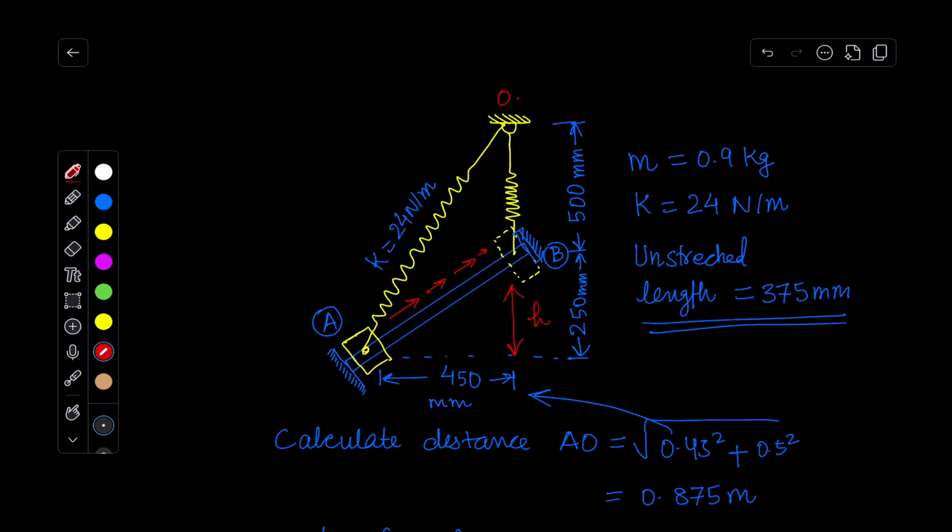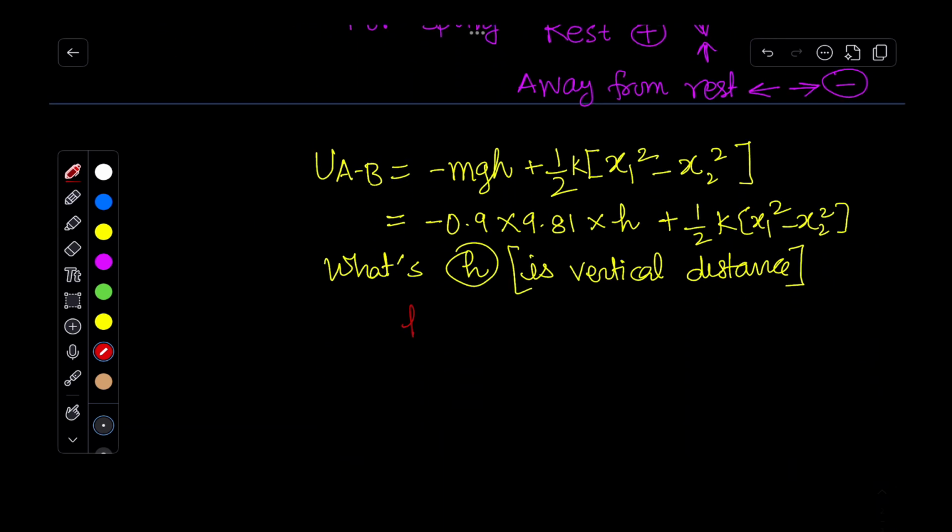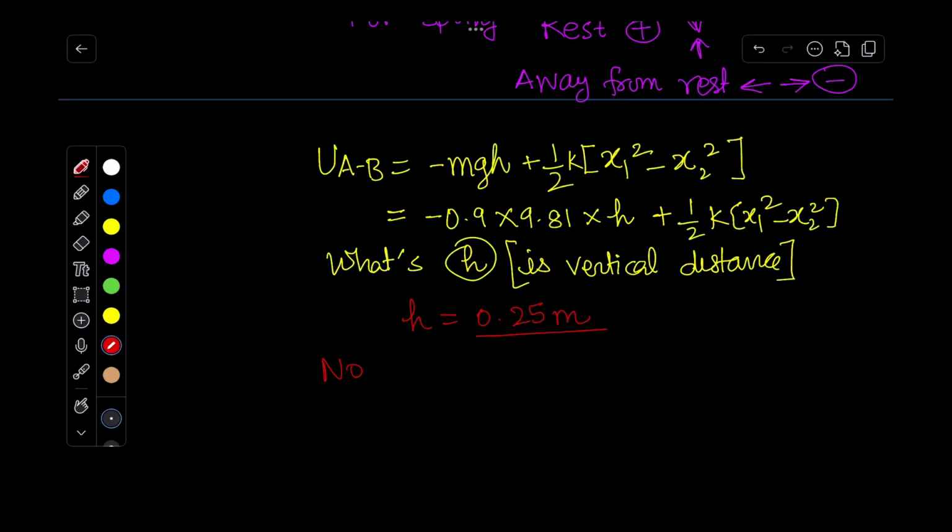So in this case h is shown in this diagram. So we will write the value for h, that is 0.25 meter. Now I am going to write the values for the spring work, and it is clear that the work done by the spring will be positive.